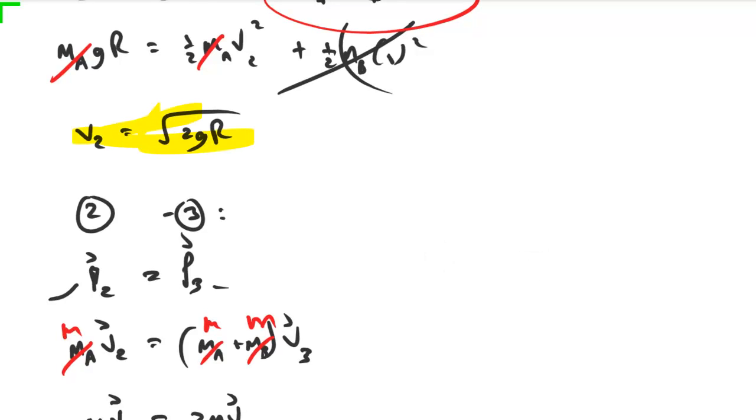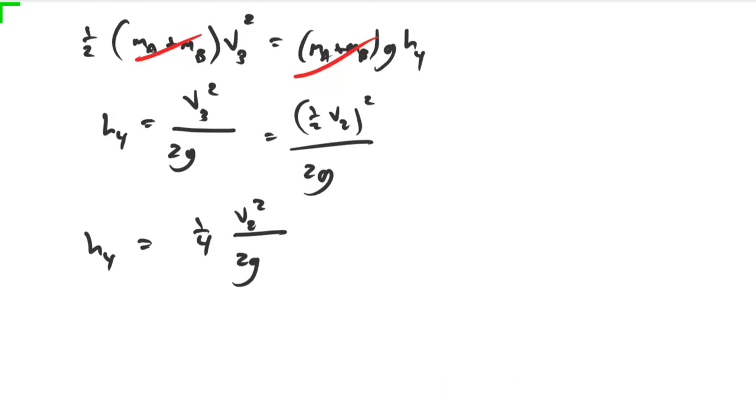So this means that V2 squared is just equal to 2gr. So I can plug that in. So this is 2gr. And we see here that when we do this, that 2 cancels, that g cancels, and we're just left with height 4 is equal to 1/4 r.